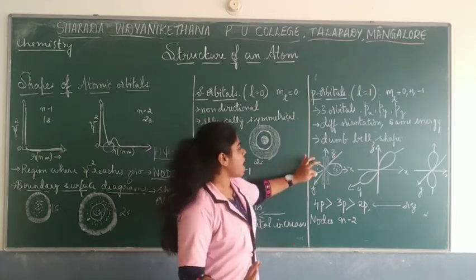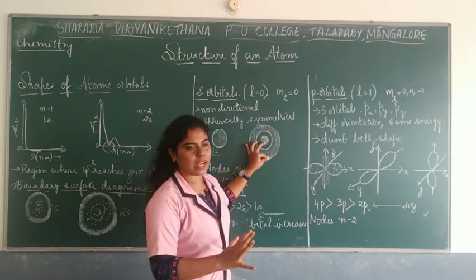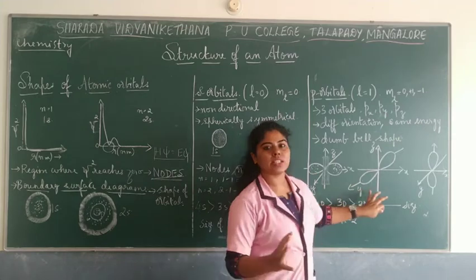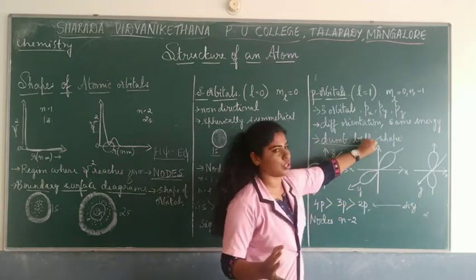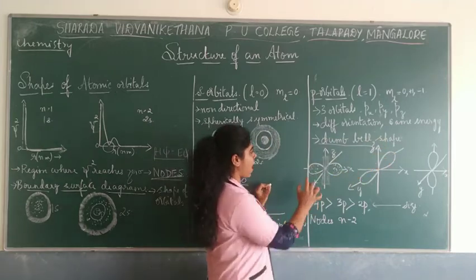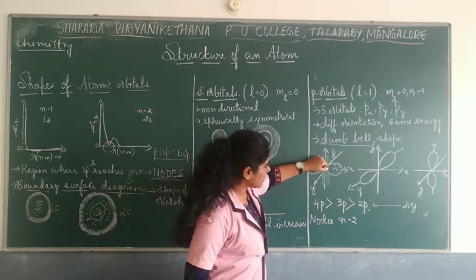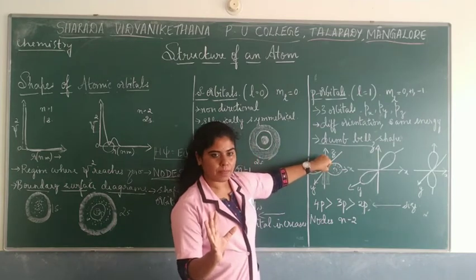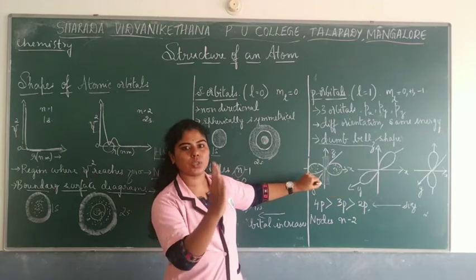As you can see the difference here itself, s orbitals are spherical in shape, right? But when you look at p orbitals, they are dumbbell shaped. Or you can consider them as two lobes present around the nucleus. In the center there will be the nucleus, and then you have two lobes which are exactly symmetrical to each other.